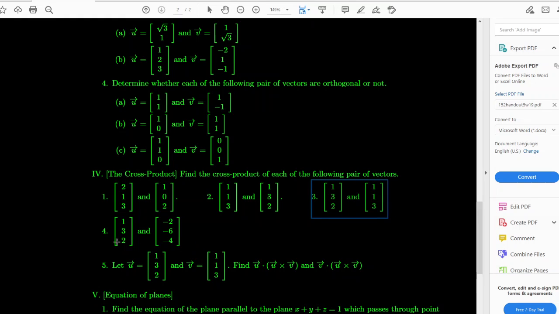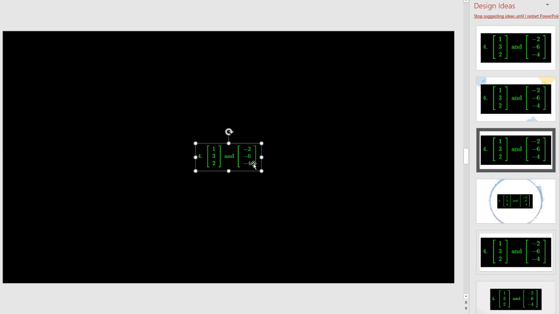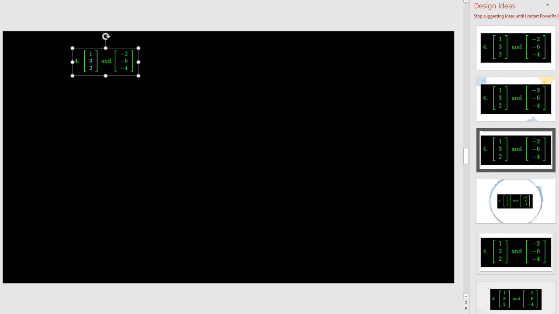My next question is designed to motivate another concept. So question 4, to motivate another property, I mean. Now look at question 4. I think Simran told me the answer already. For these two vectors, if I'm calling the first vector u, the second vector v, probably you have computed already.